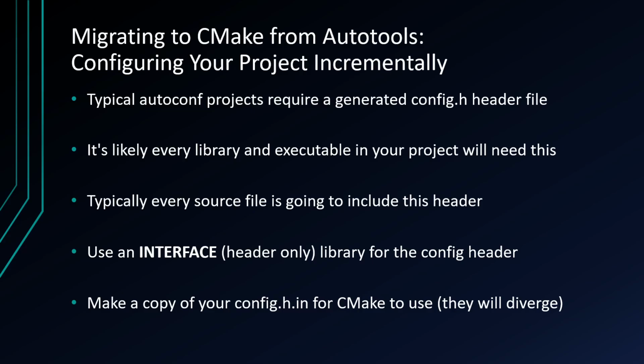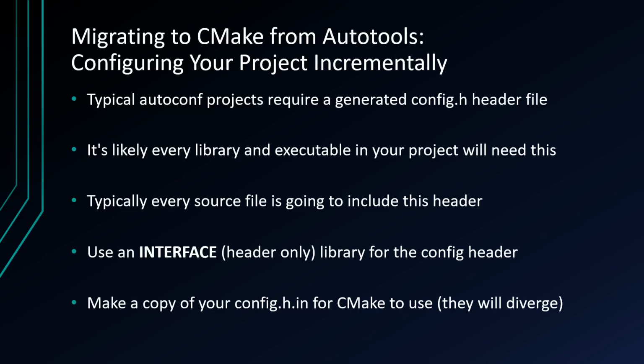You can create in CMake what's called an interface library. And this is basically what CMake uses to model a header-only library. And you can create a header-only library for this config header. And you can use CMake to use the same config.h.in template that Autotools used, copy that over to another file that's used by CMake only.